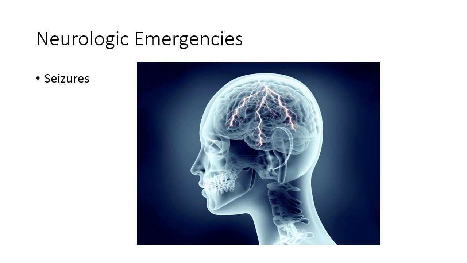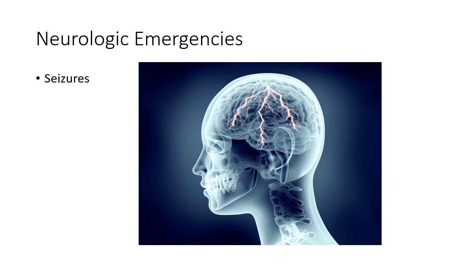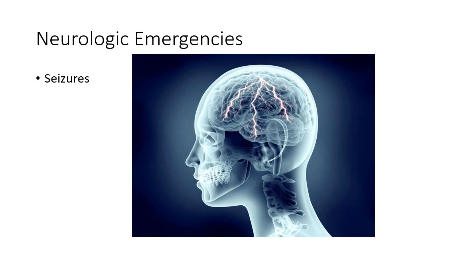Seizures in the pediatric patient can be either called partial or generalized. Partial seizures are when you see one part or one side of the body moving in tonic-clonic activity versus generalized seizures, which you would see the entire body moving in that tonic-clonic.